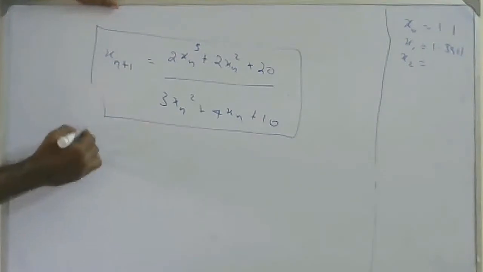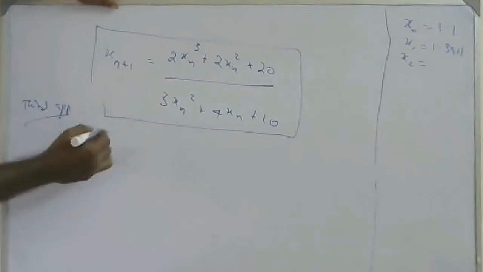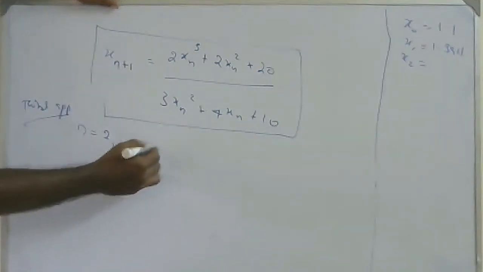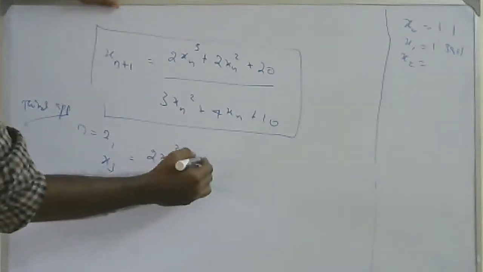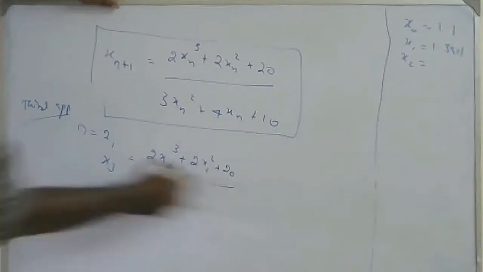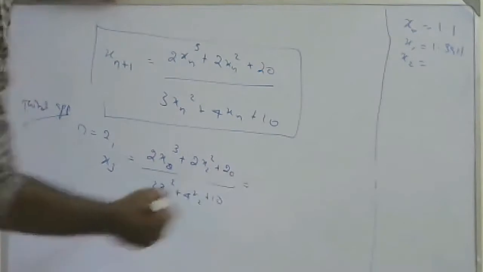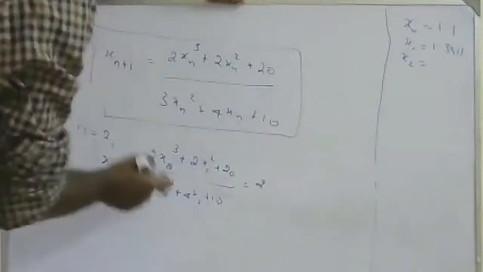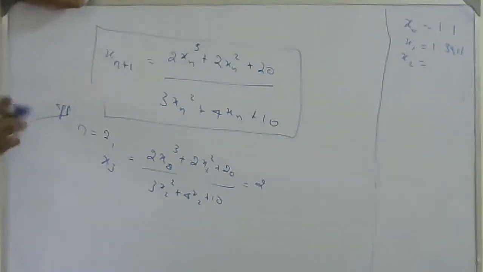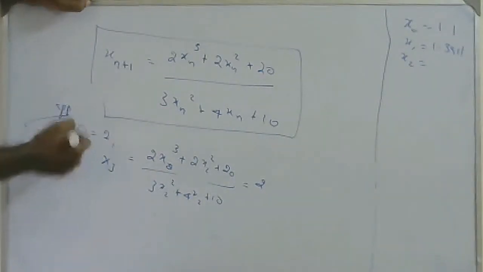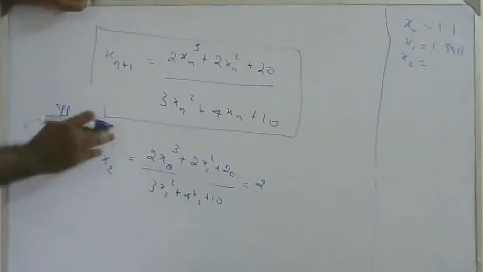So n equal to, third approximation, n equal to 2. Therefore x3 is equal to 2x2 cube plus 2x2 square plus 20 divided by 3x2 square plus 4x2 plus 10. Sorry, then it's a second approximation, so n equal to 1.